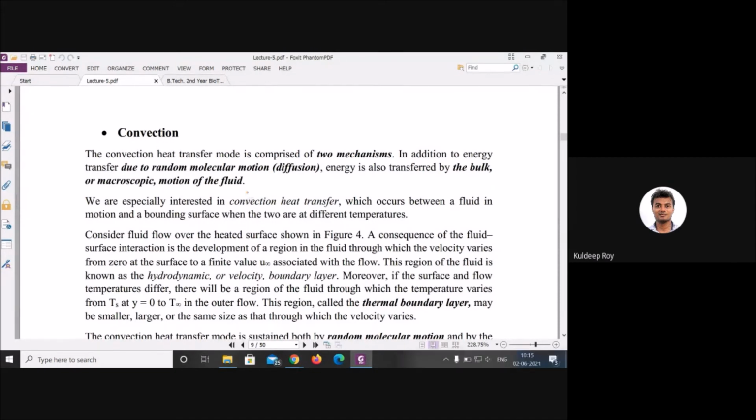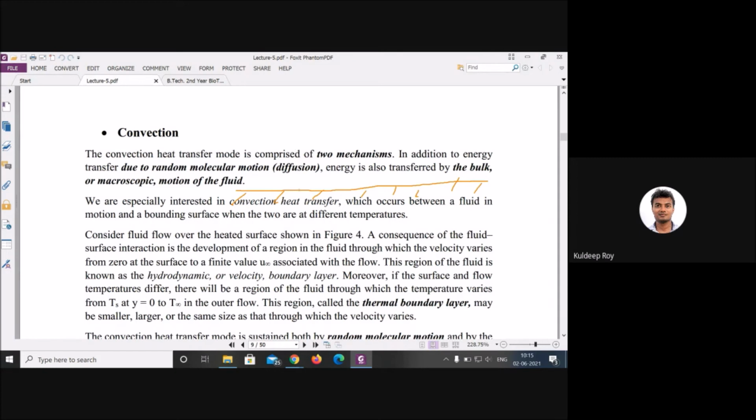In the earlier conduction case, only random molecular motion was there, lattice vibration or electron transfer. But in the case of convection, there are both random molecular motion and bulk motion. What does that mean? Suppose you have a plate, a heated plate.